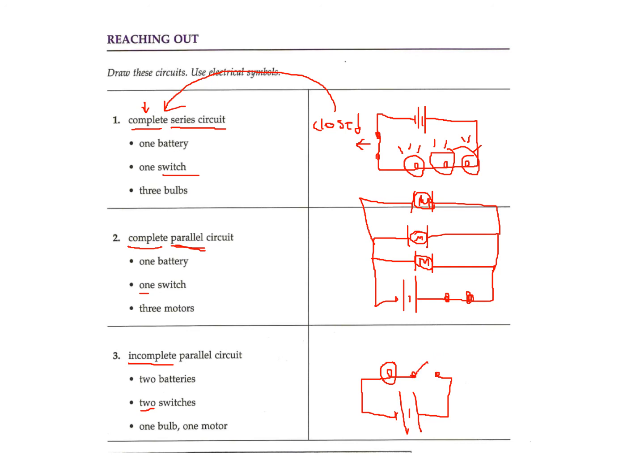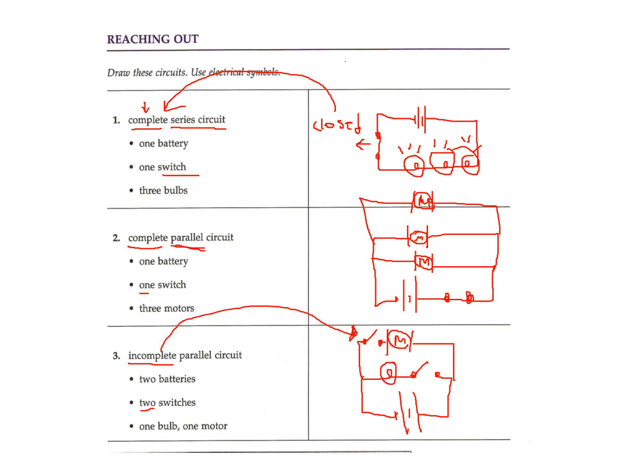So switch open, and then I have to create another pathway for the motor because this is a parallel circuit. And another switch, which is open. So you can see it's an incomplete circuit. Motor has a switch open, light bulb has a switch open. So the circuit is incomplete.